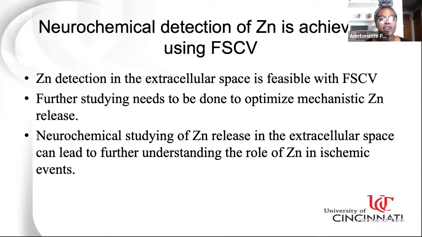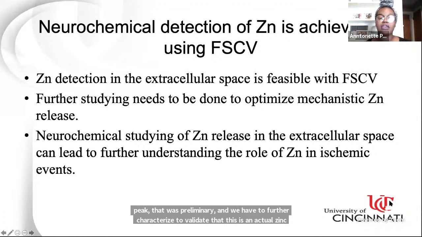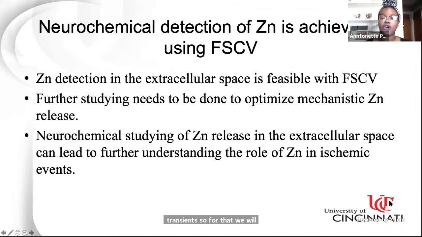With this now, we have further studying that needs to be done to optimize the mechanistic zinc release, as well as doing all this will actually lead to understanding zinc's role with ischemia, as well as the purines that are also linked to ischemia and other neurological conditions that zinc and glutamate are both correlated with. And that's it.